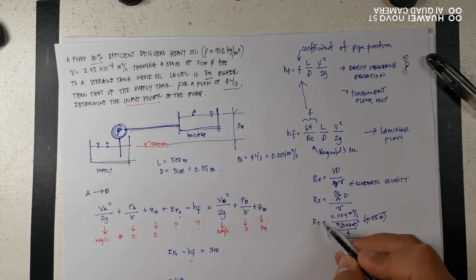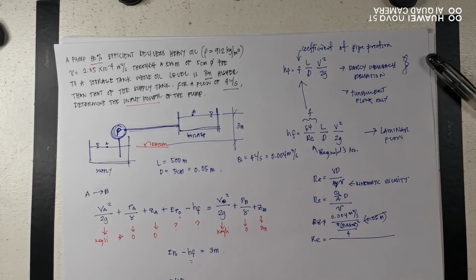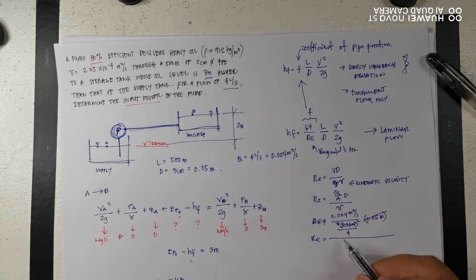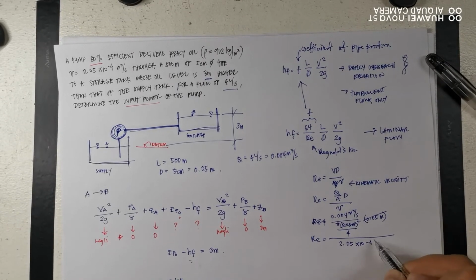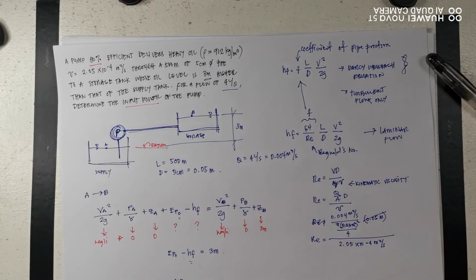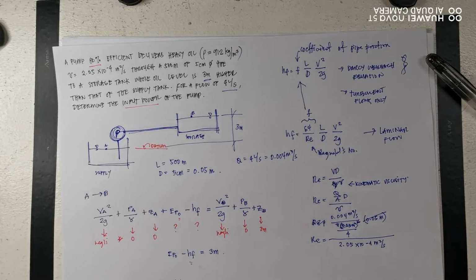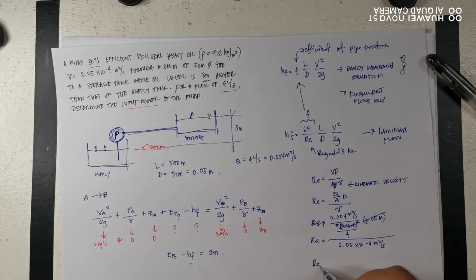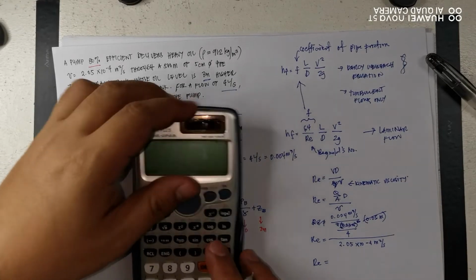Tapos all over kinematic viscosity of 2.05 times 10 raised to negative 4 square meter per second. So which gives us, sorry, ito lang pala yung burahin mo dyan, may matitira pang 0.05 dyan. So RE will be equal to, let's try to solve.